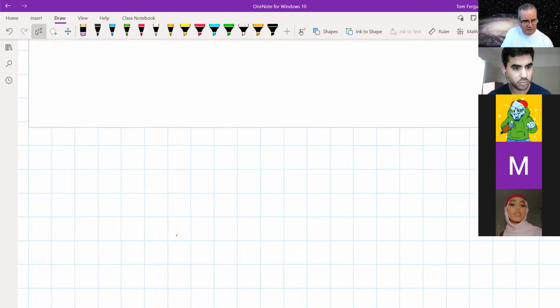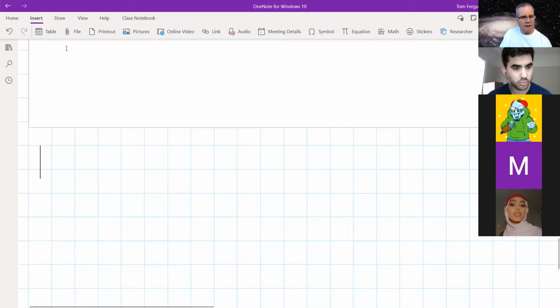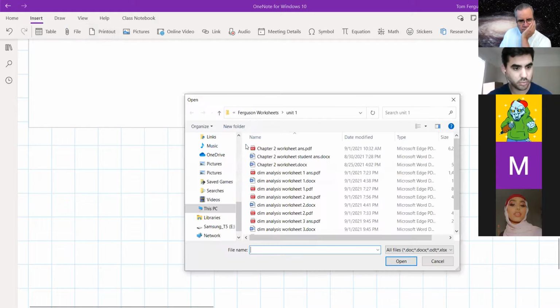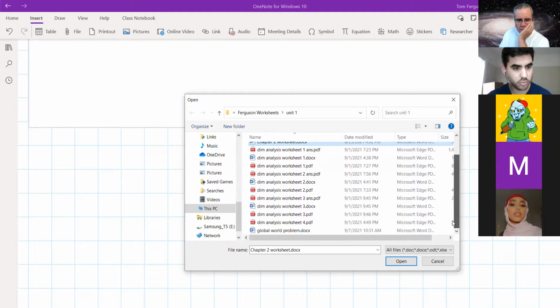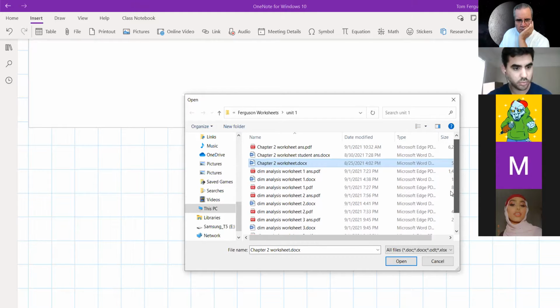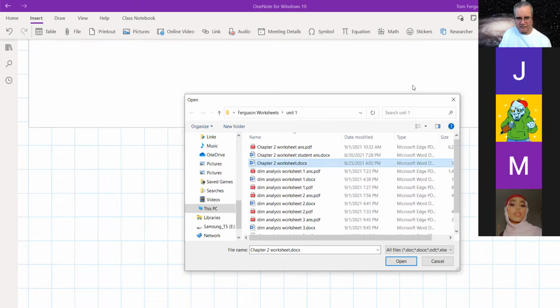There's a couple at the end of the worksheet that were a little challenging as well. I'm going to stop sharing for a second here because I've got to convert the worksheet over to a PDF.